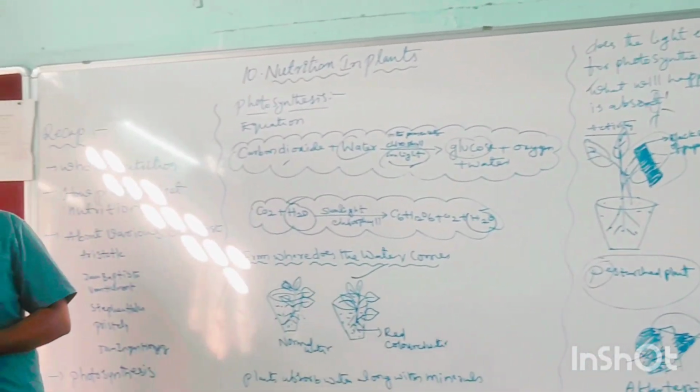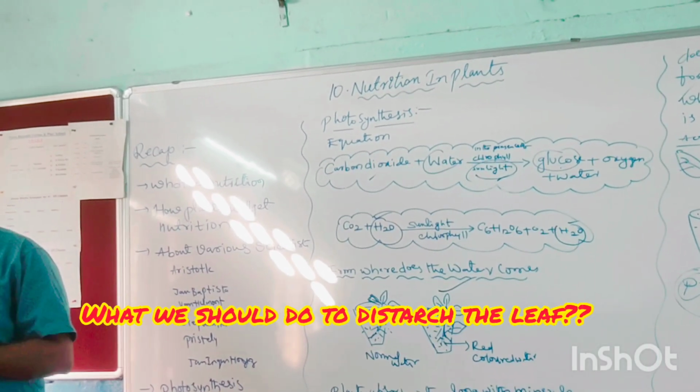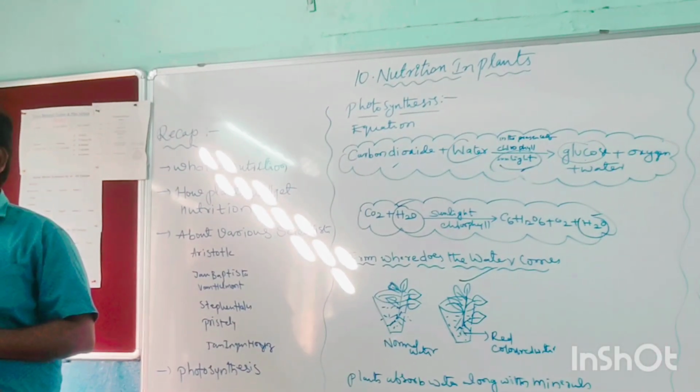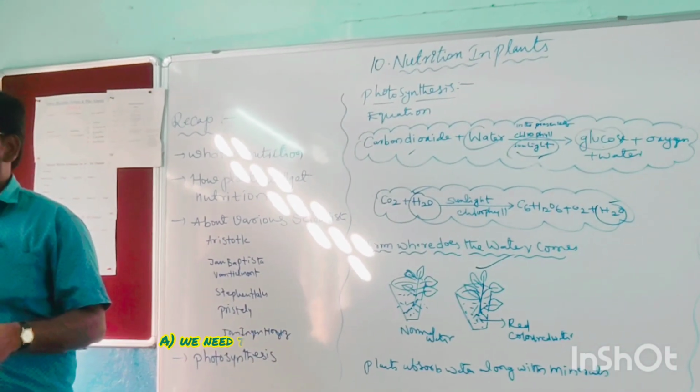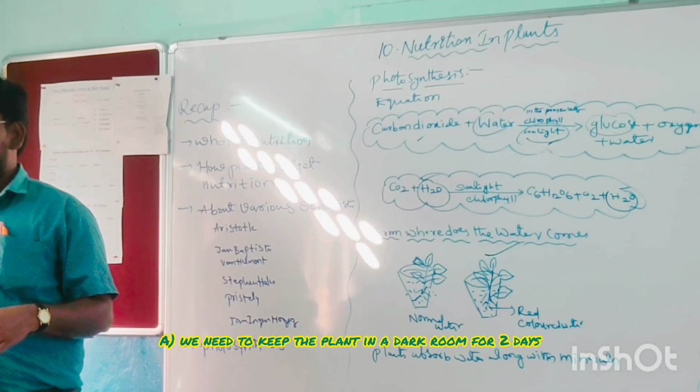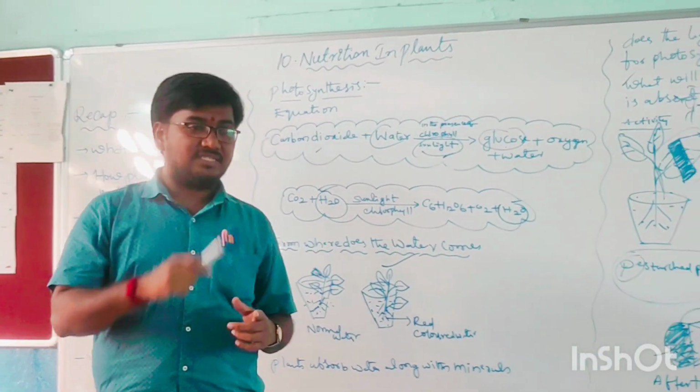Okay, now you stand up. What will you do to destarch the plant? To remove the starch from the leaf. What will you do? I will keep the plant in the dark. How many days? 3 to 4 days. Very good. Sit down. Next, this side you stand up.